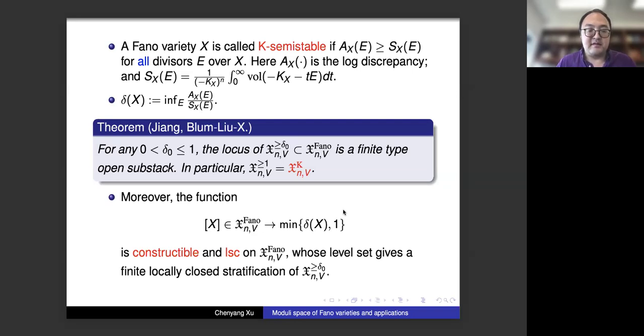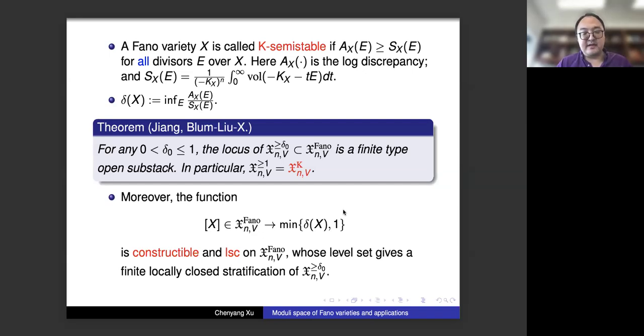And the first theorem, which is about the stack, is this: if I fix any positive number delta 0 between 0 and 1, and I look at all Fano varieties whose delta is at least this number, then this will give me a finite type open substack. Of course, the stack of Fano varieties with fixed volume and fixed dimension is not finite type.